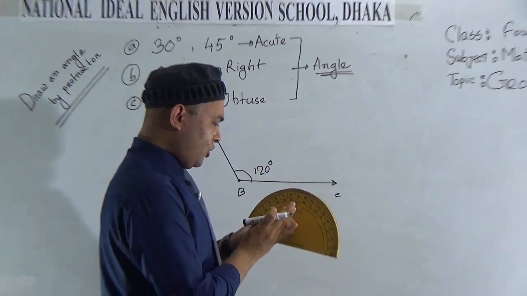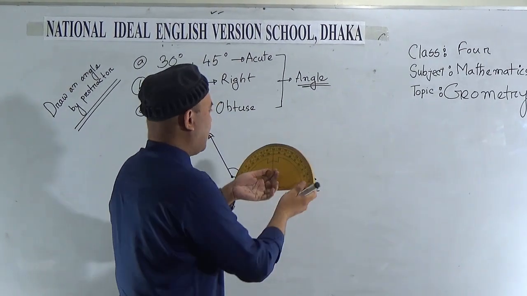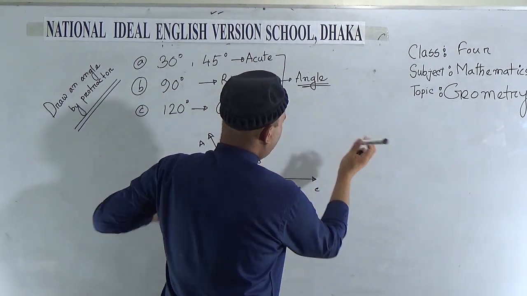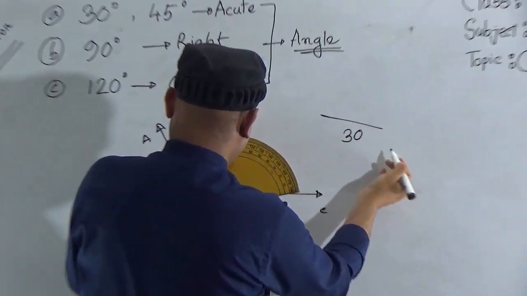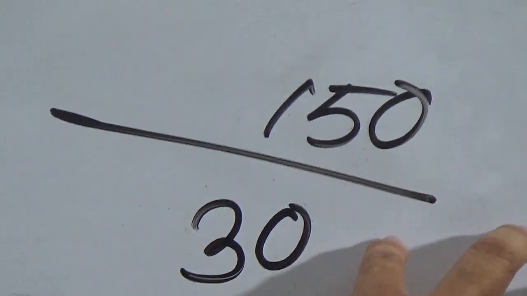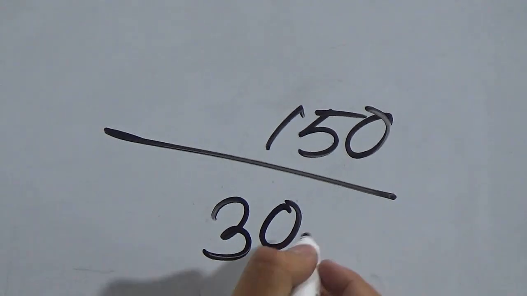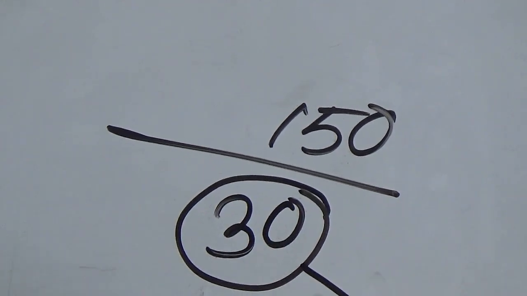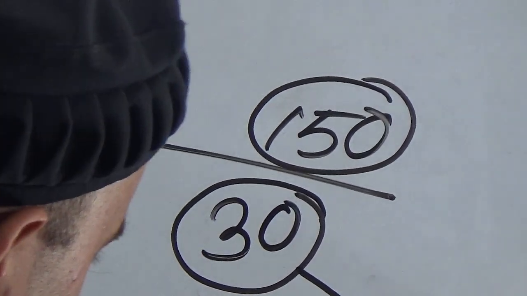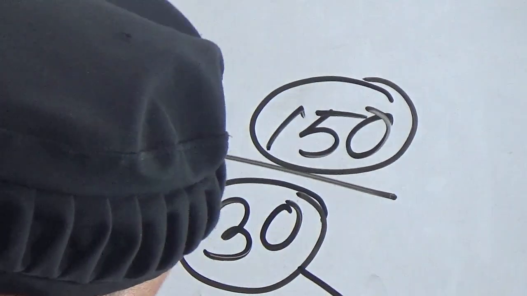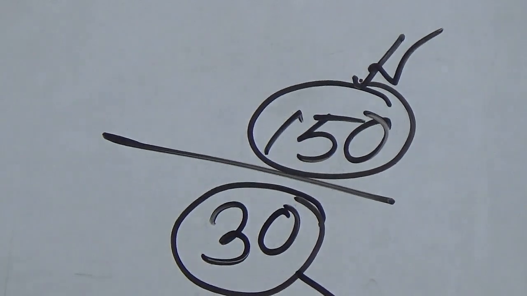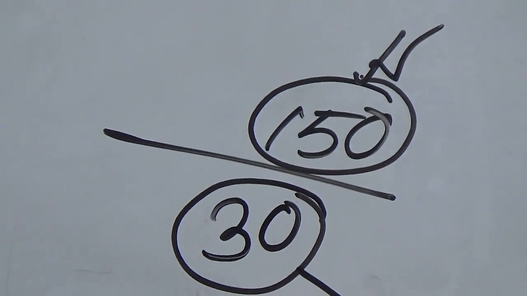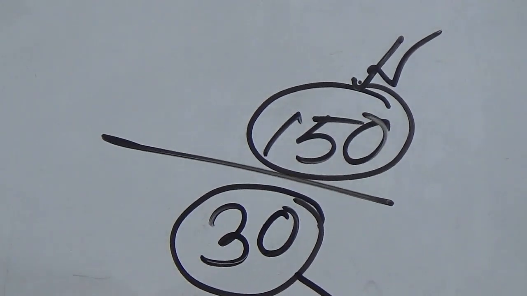My dear student, don't be hesitant on seeing 2 numbers in your marking scale of the protractor, that is, you can see these 2 numbers in one place. So don't be hesitant, this is one angle and this is another angle. If you consider this way, this is the angle of 30 degrees and this angle of 150 degrees is the supplementary angle of 30 degrees.